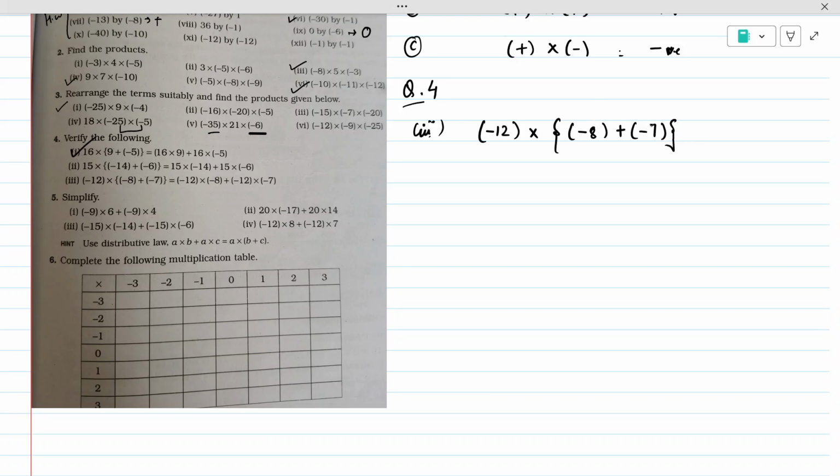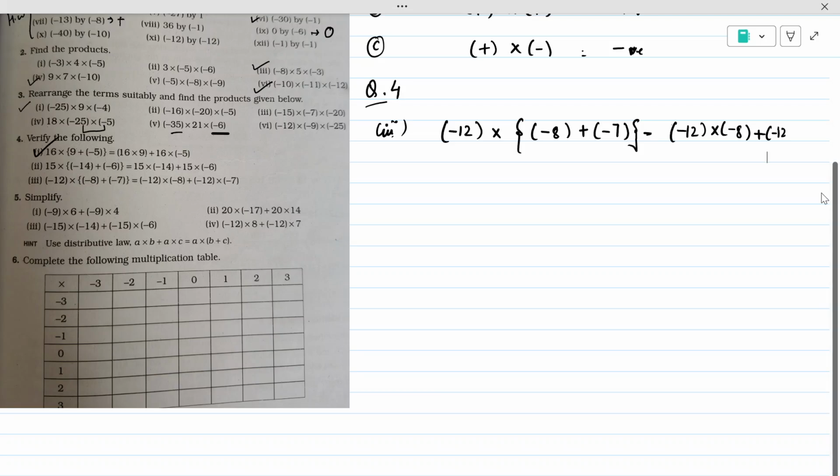This whole expression is equal to, it is given, it is equal to minus 12 into minus 8 plus minus 12 into minus 7. So we have to see if this is same or not. So first we have minus 12 into minus 8 plus minus 7.